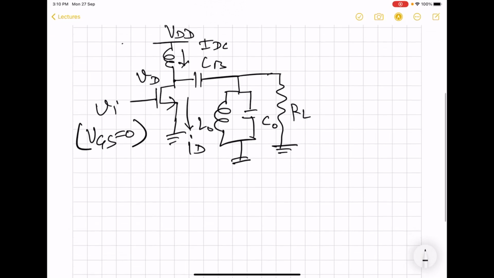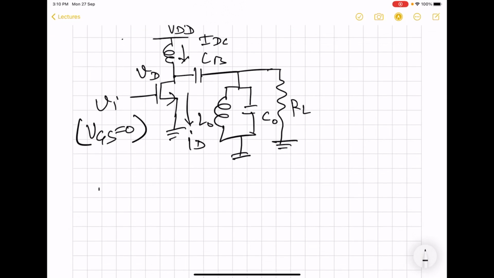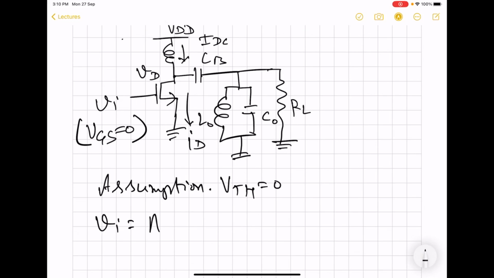So here we will be making one assumption that the threshold voltage of the MOS is 0. If it is not 0, then this gate to source voltage has to be equal to threshold voltage. And we will continue to take the input sinusoidal waveform.